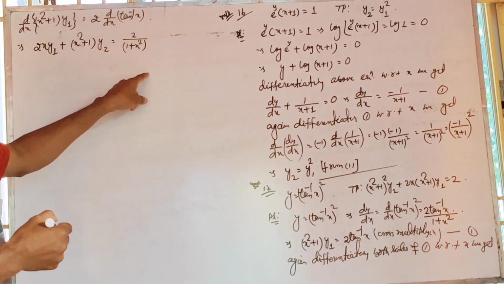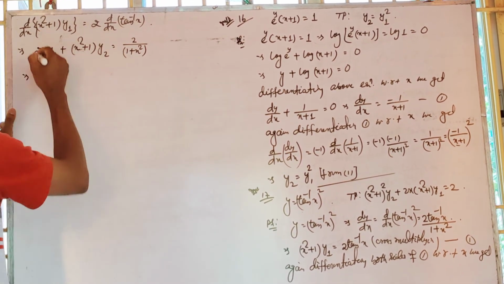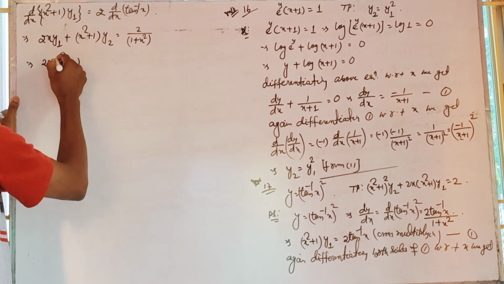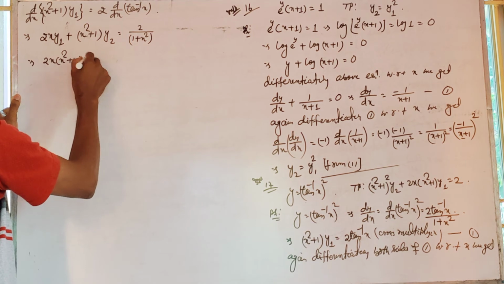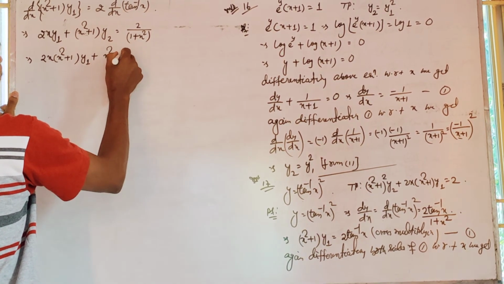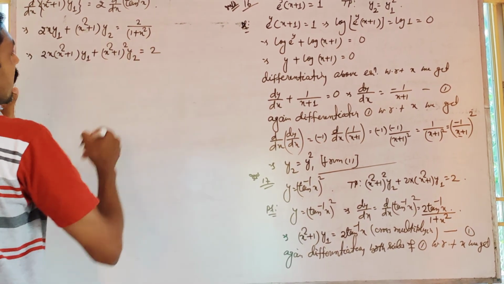Again you see p by q form, so again cross multiply. This implies 2x into x square plus 1 into y1 plus x square plus 1 whole square into y2 is equal to 2.